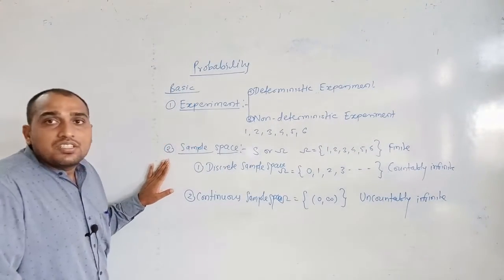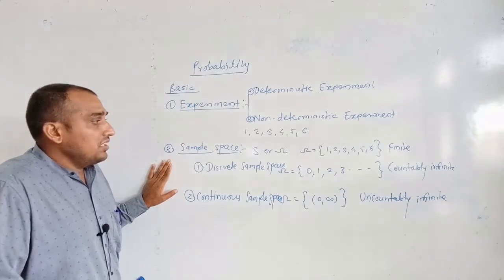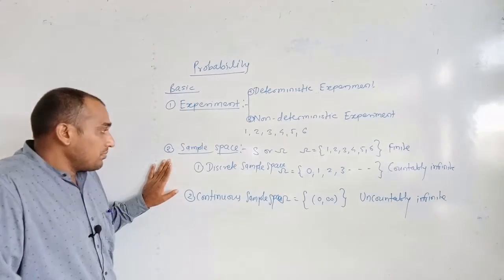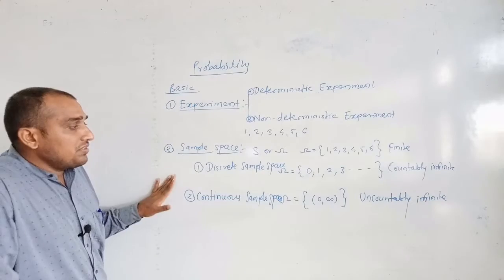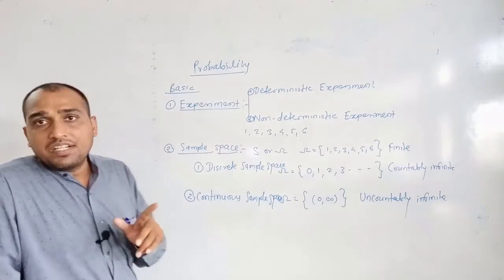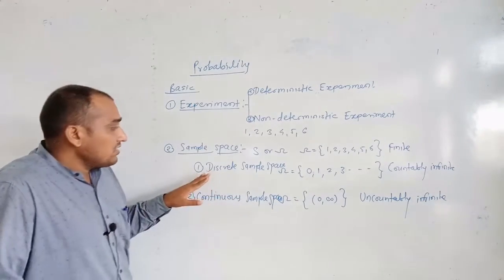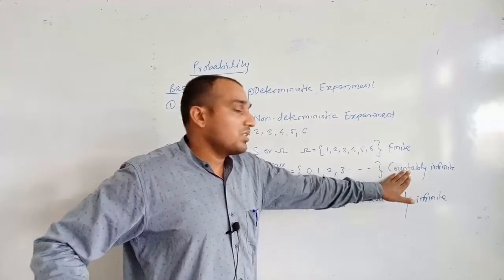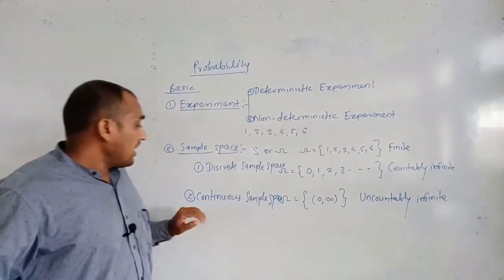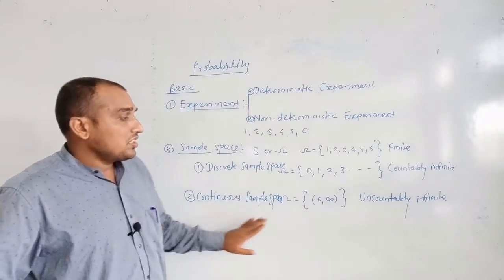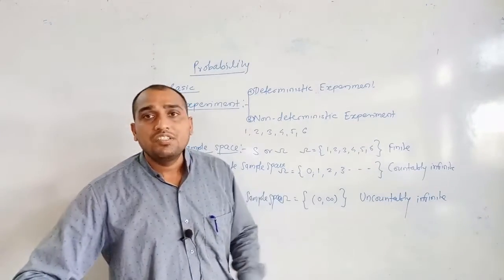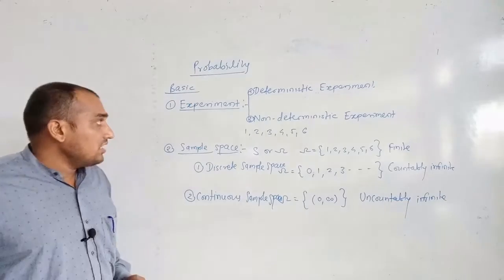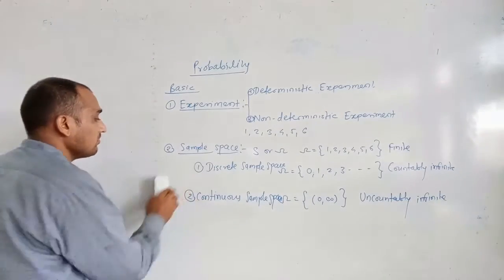Sample space is the set of all possible distinct outcomes of an experiment, and according to its size it is divided into two parts: discrete sample space, if it contains finite or countably infinite elements, and continuous sample space, which contains uncountably infinite elements.